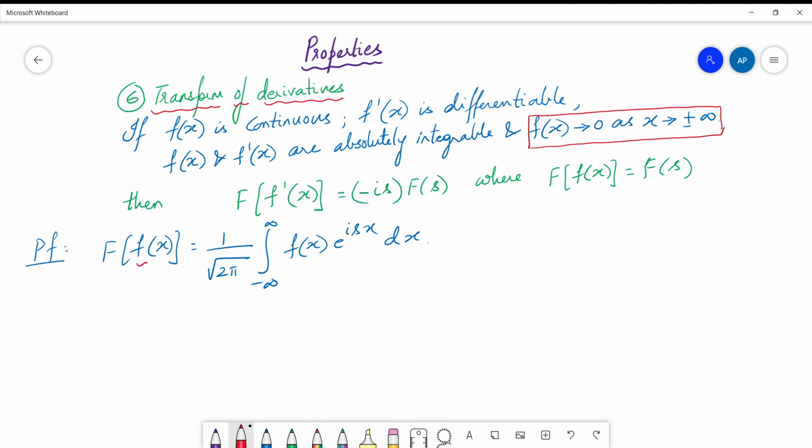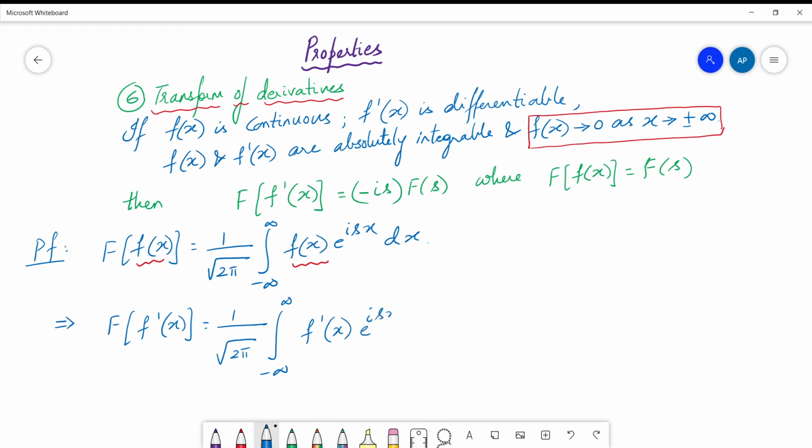As we normally do, we replace f of x by f dash of x everywhere, and then this becomes the Fourier transform of f dash of x equal to 1 by root 2 pi integral minus infinity to plus infinity, and the integrand now becomes f dash of x into e to the power isx dx.